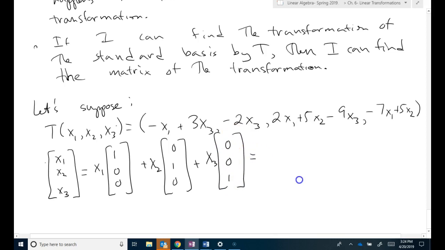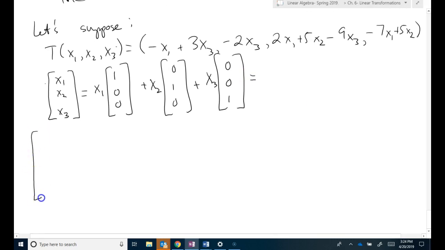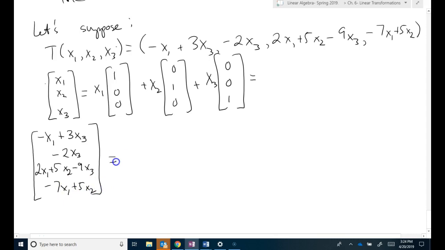And this will then equal, and what we're going to do now is rewrite this whole thing: negative x1 plus 3x3, negative 2x3, 2x1 plus 5x2 minus 9x3, and negative 7x1 plus 5x2. Now if I rewrite, we've got the negative 1 in front of the x1 in the first term. There's no x1s in the second term. There's 2 in front of the x1, and negative 7 in front of the x1 in the third term.